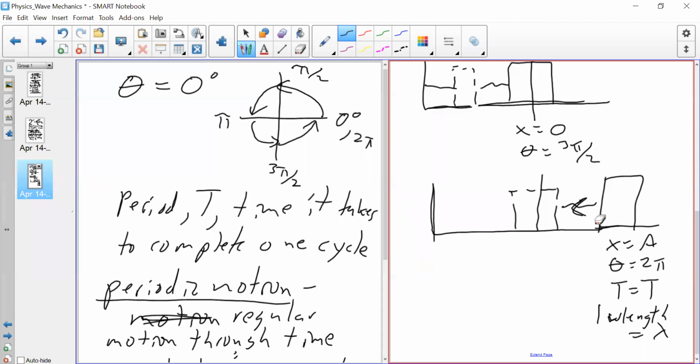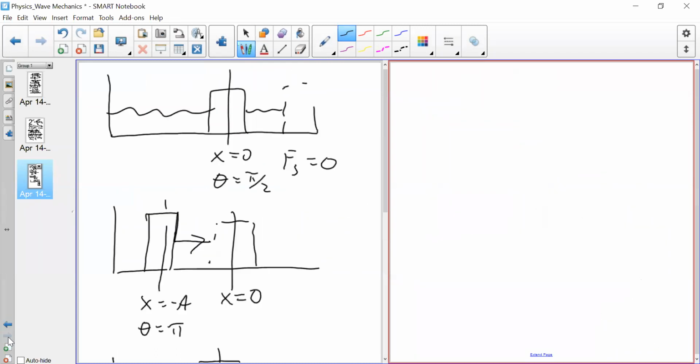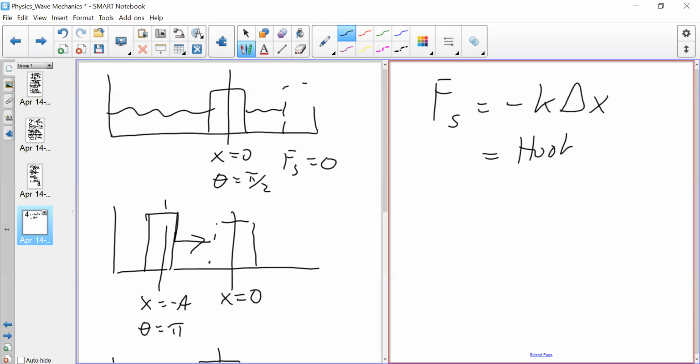Okay, so this spring force is also called Hooke's law, after Robert Hooke, I think 1700s. So this spring force, negative K delta X, Hooke's law, is the restoring force, same.